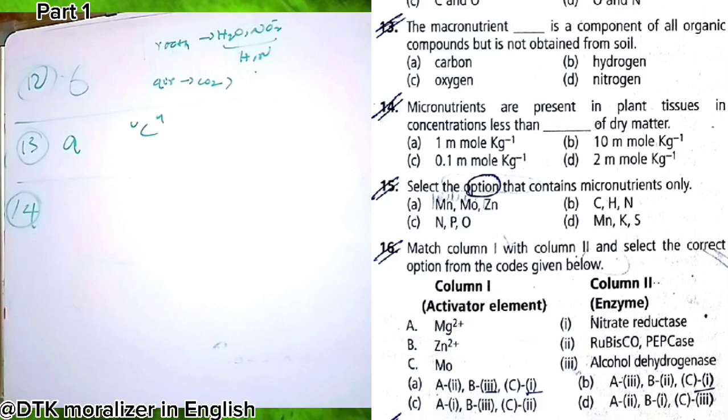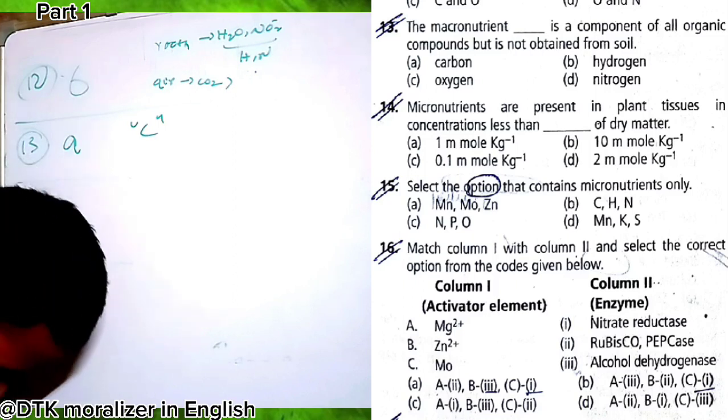Micronutrients are present in plant tissues in concentrations less than dash of dry matter, 10 millimole per kg. So option B would be right. I also explained this in the previous question, right?